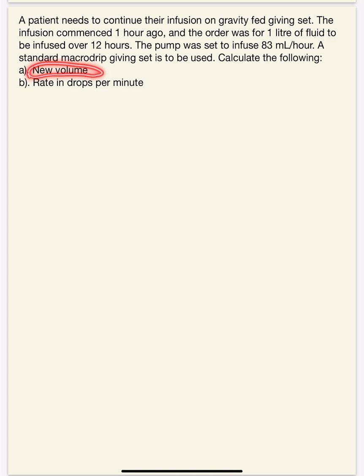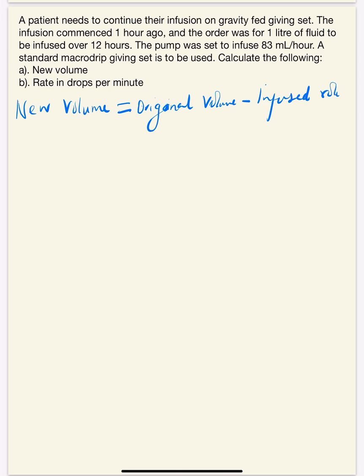What it means is initially we started with 1 liter, but you've infused for 1 hour, at 83 mils. So what we could do is: new volume is equal to the original volume minus what you've infused already.